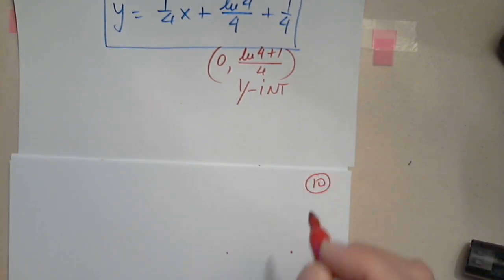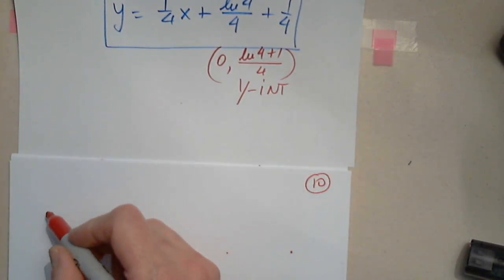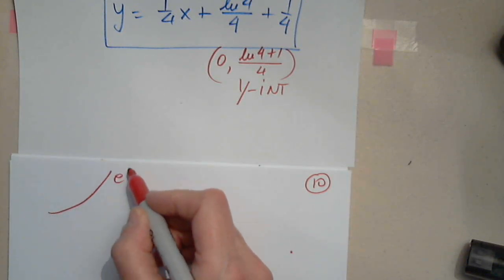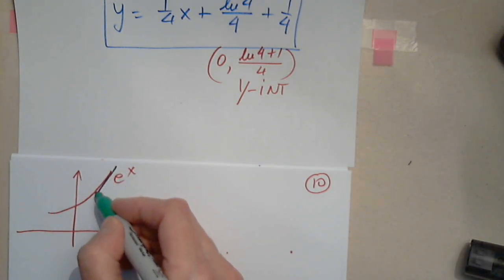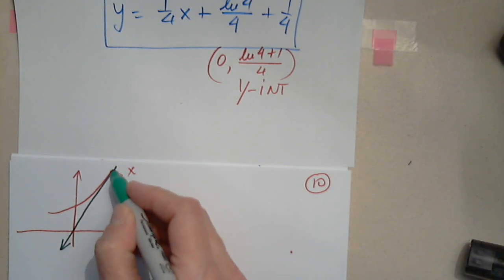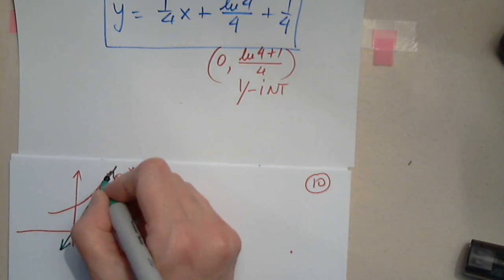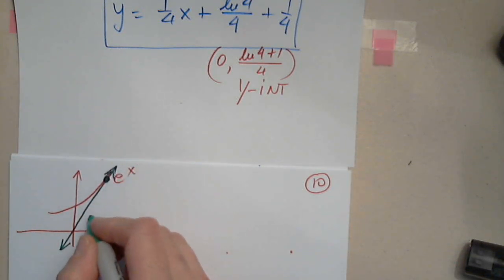Okay, so this time we have this scenario. This is e to the x. So we want to determine the equation of the tangent line to the graph of e to the x that passes through the origin. So we are asked to find the equation of this line.